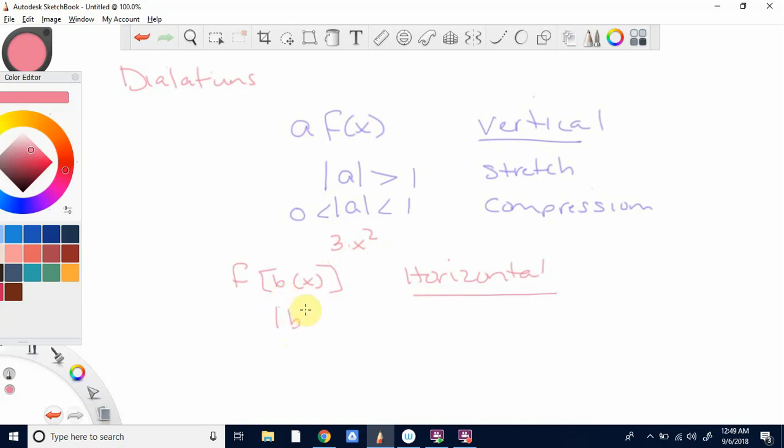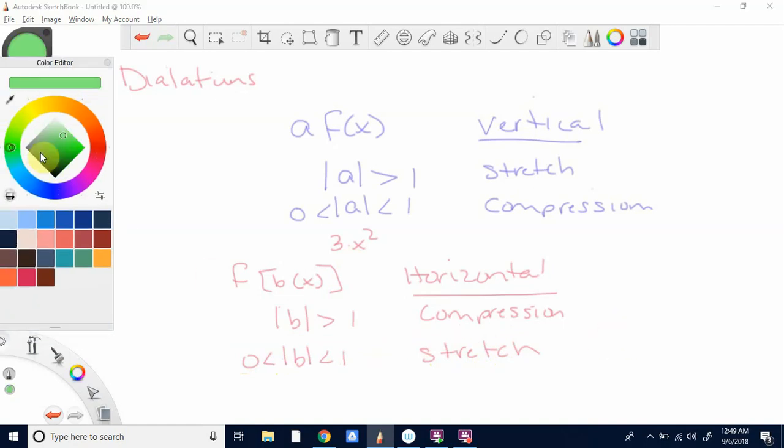When the absolute value of B is greater than 1, you have a horizontal compression. Opposite. We'll learn later why. When the absolute value of B is less than 1 but greater than 0, you have a horizontal stretch. And what does an example of this look like? Well, it's going to look like if I had (3x) squared.